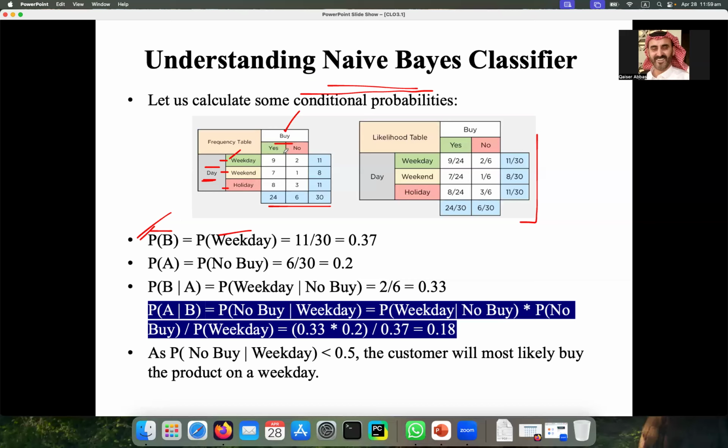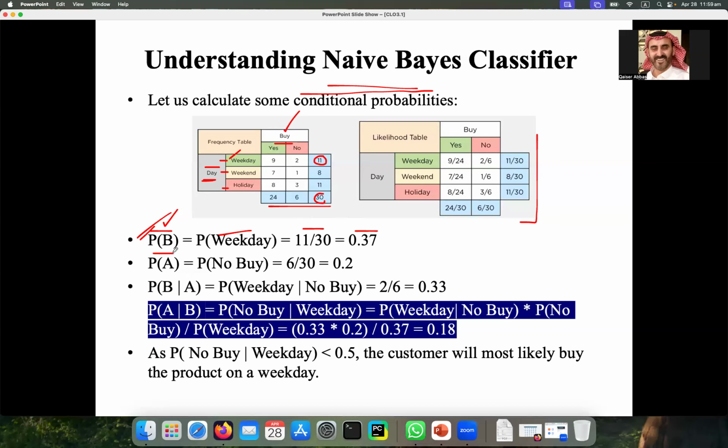We are not concerned with yes or no, whatever the buy is, we are not concerned. So probability of weekday only. Then 11 divided by 30, 30 the total number of rows. Then you will have 0.37 as the probability for B.